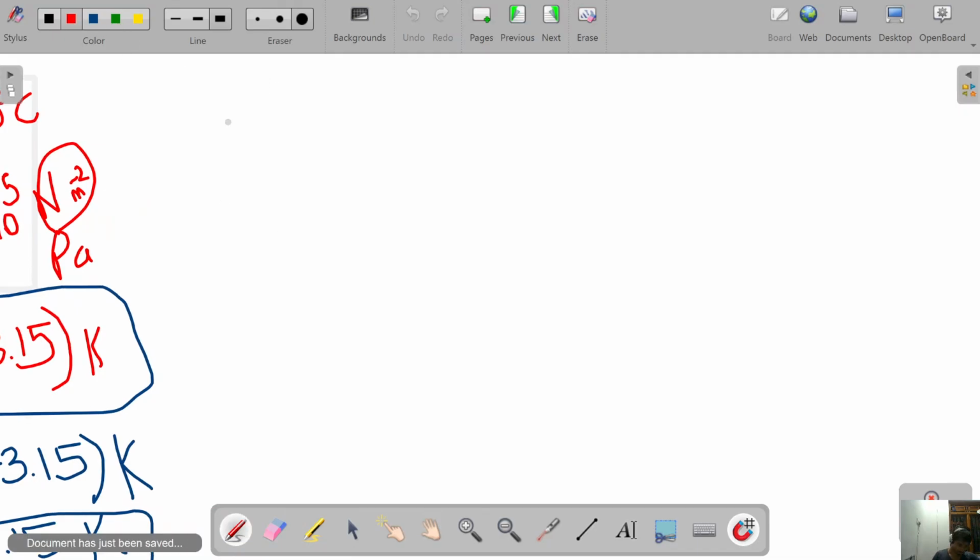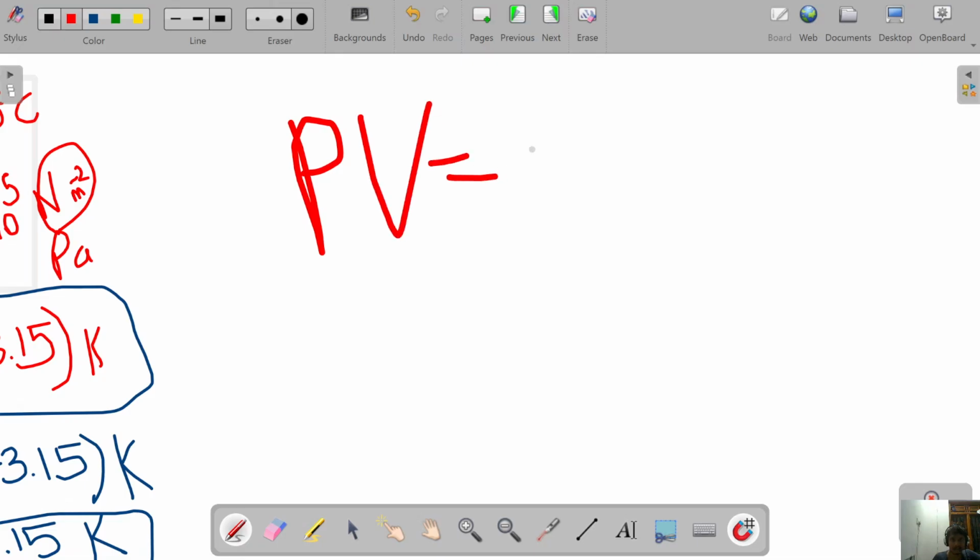The characteristic gas constant of the gas. We already know the equation of the ideal gas, which we studied in A-level chemistry. The equation of the ideal gas is PV is equal to nRT.